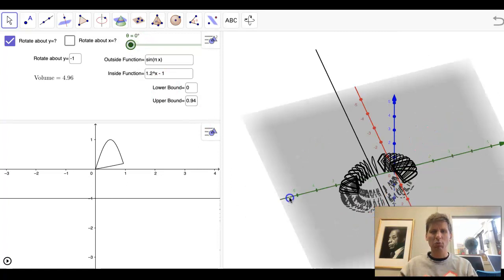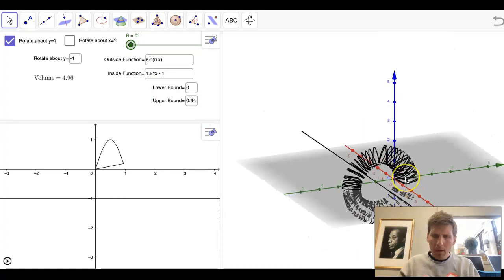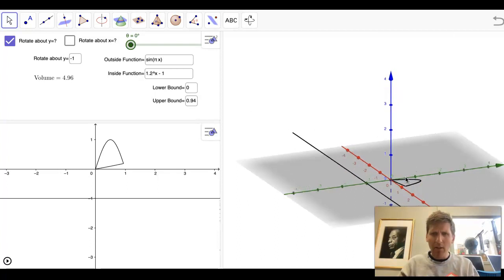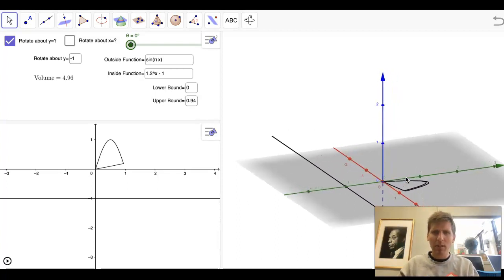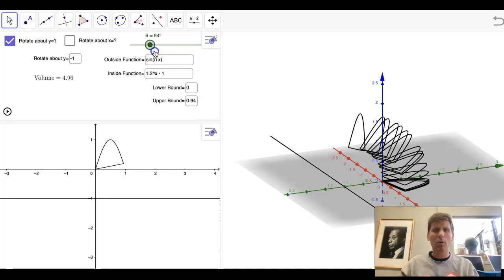I mean, imagine this were filled in. Remember how we said it was kind of like a donut? Well, you can see it's kind of got, oh, I think if I zoom in, you can see it's got kind of like this more rigid edge on the inside, and then it'll be smooth on the top.